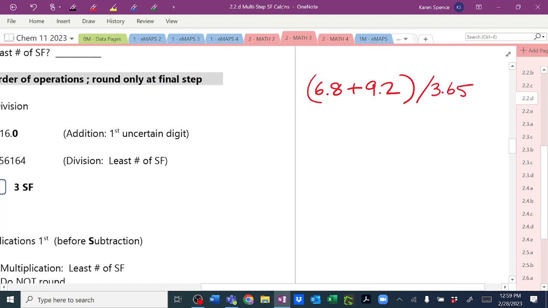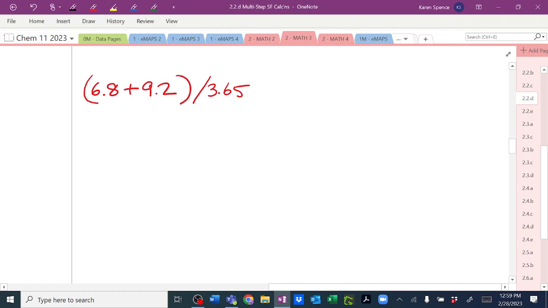Okay, order of operations, what are we going to do first? Brackets. So that means for step 1, we're going to do the 6.8 plus 9.2, which all of you at this point should technically be able to do. This is adding and subtracting. So we are going to go to our first uncertain digit. The uncertain digits are the 8, which is in the tenths position, and the 2, which is in the tenths position.